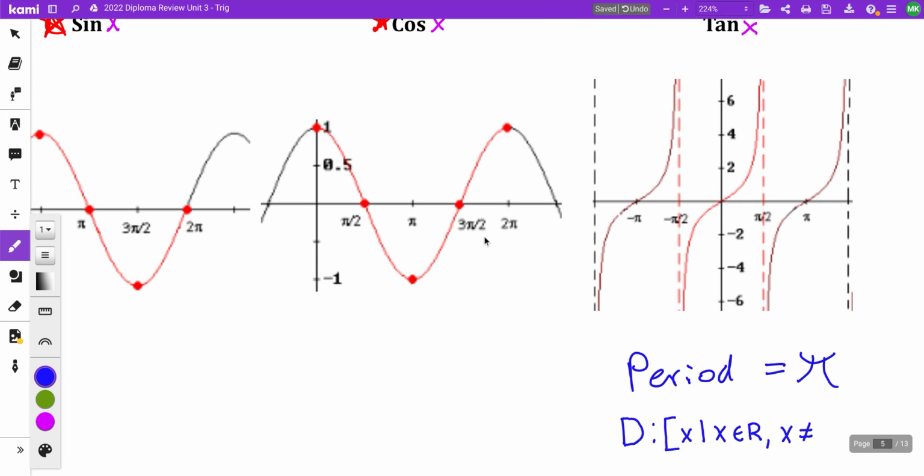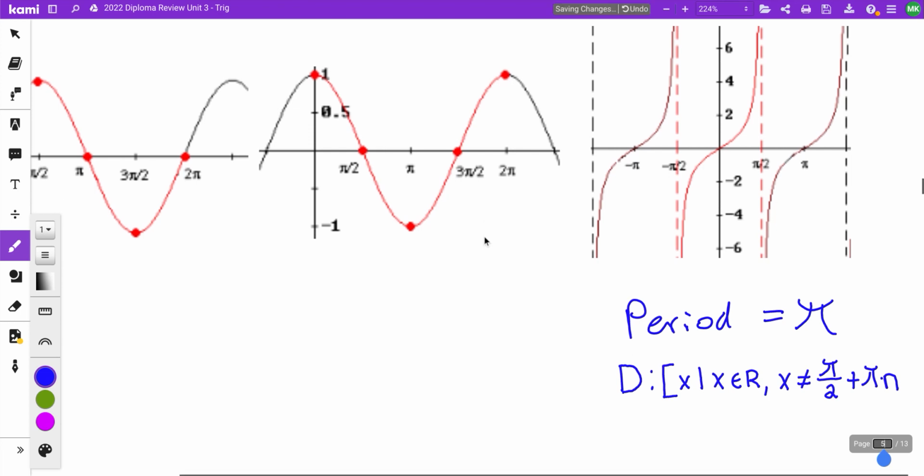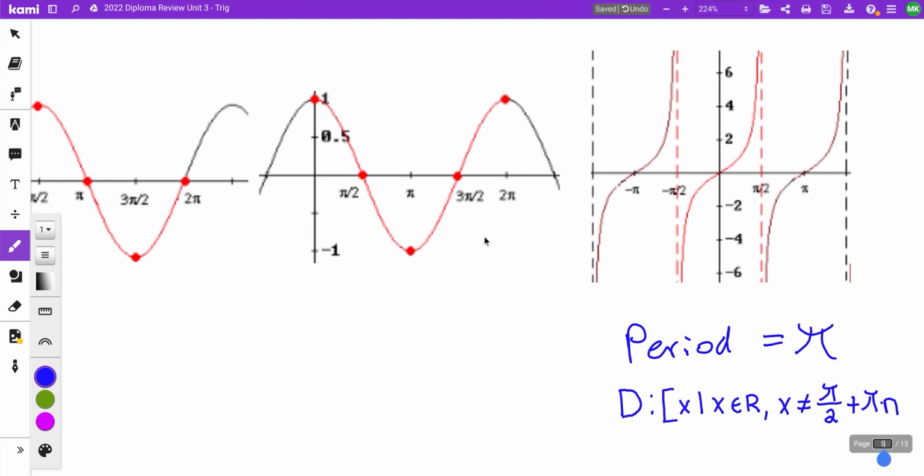You'll notice those asymptotes happen at pi over 2 and then every pi after that, so plus pi times n. Positive or negative, right? This is a pi away. This is a pi away.